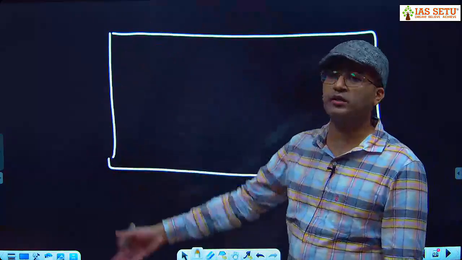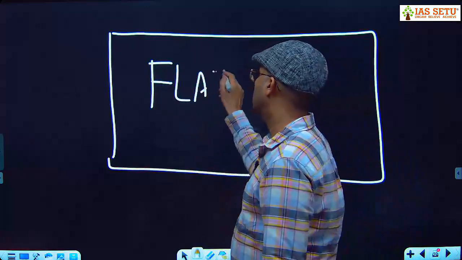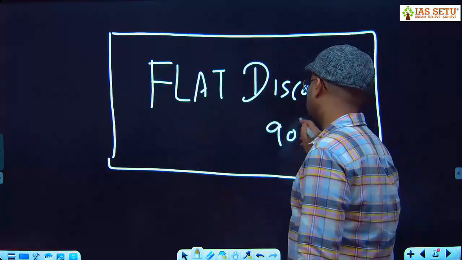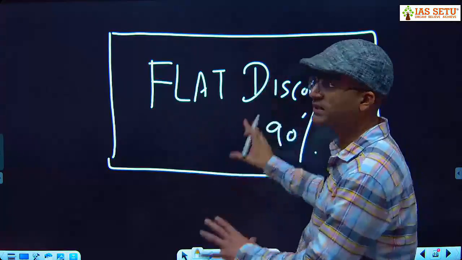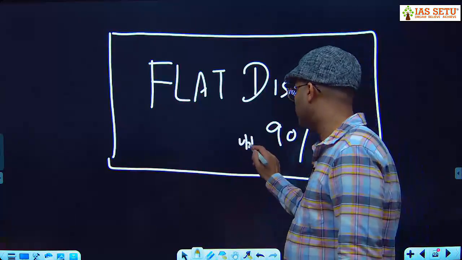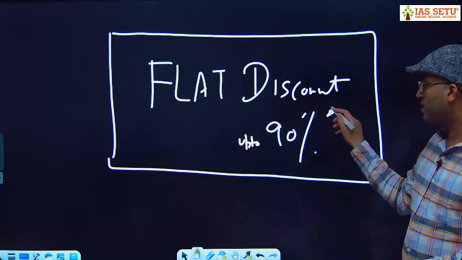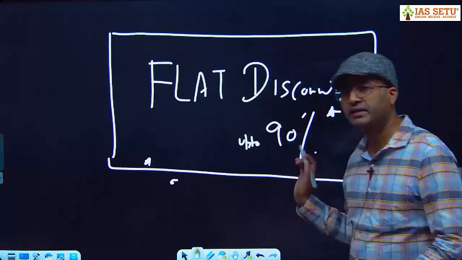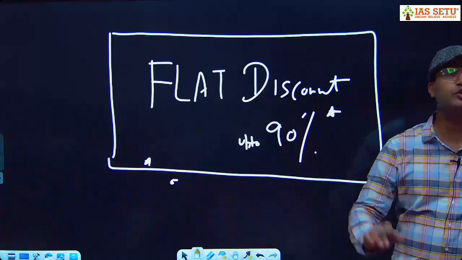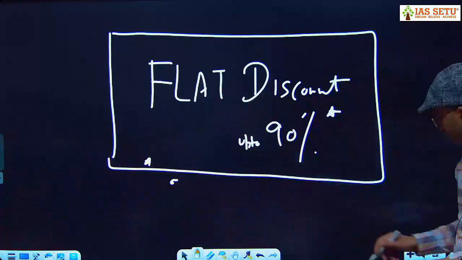It will be visible from 1 kilometer away from Karol Bagh metro. What will be written there? Flat discount 90%, which is visible from far away, and even when you go close it is not visible, up to, very small. You need a magnifying lens. Star, terms and conditions apply. Okay, so you go to that store because you have seen discount 90%, flat discount. So if they are saying flat discount, it means there is a second type of discount.